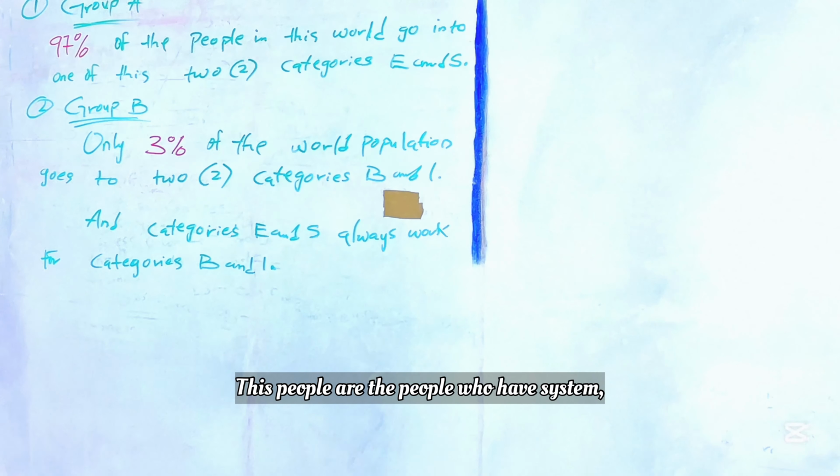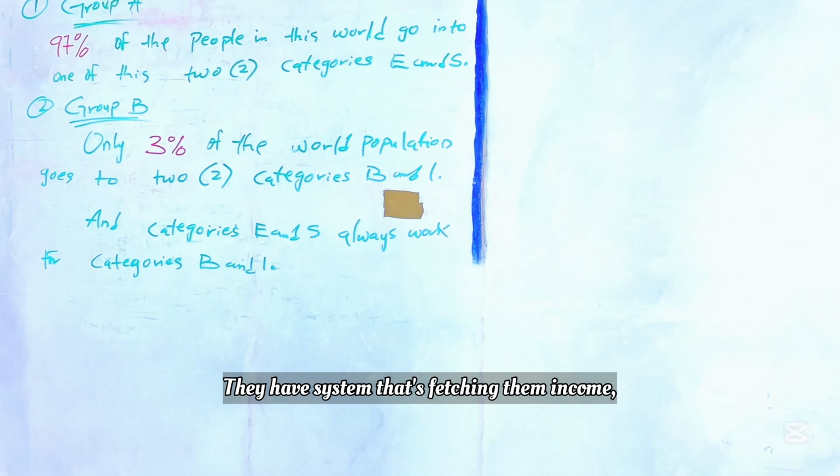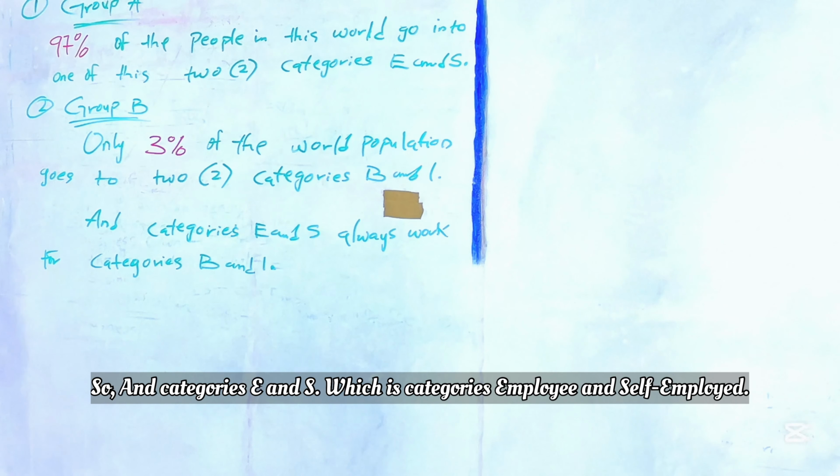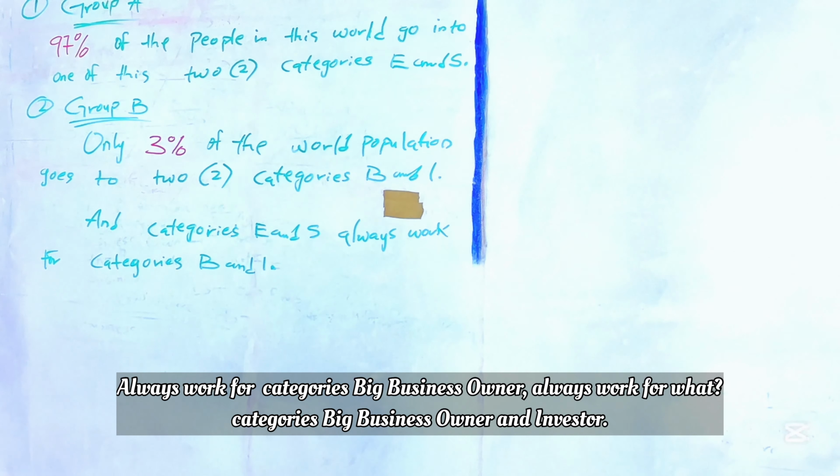These people are the people who have systems that are fetching them income, I mean massive income. So categories E and S always work for categories B and I.